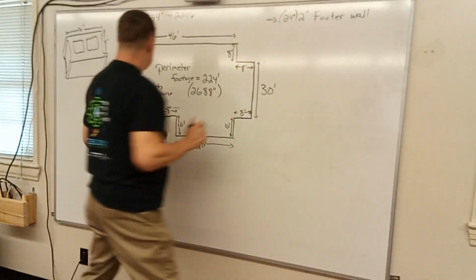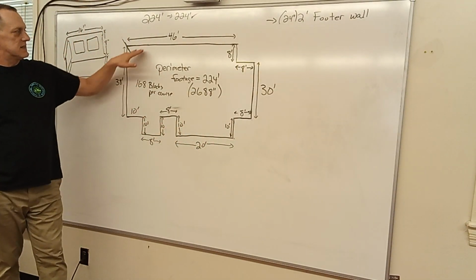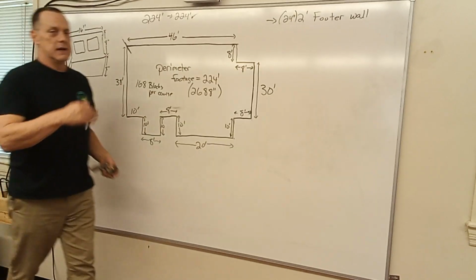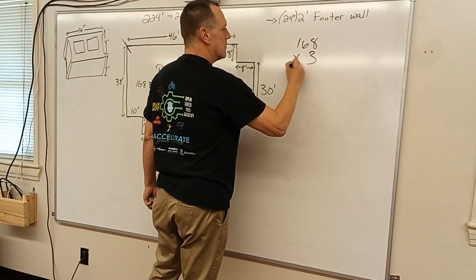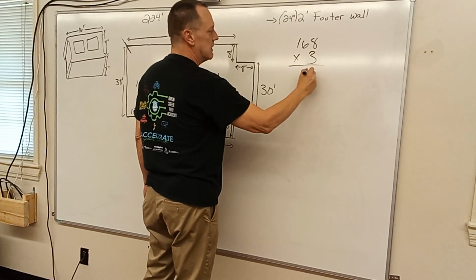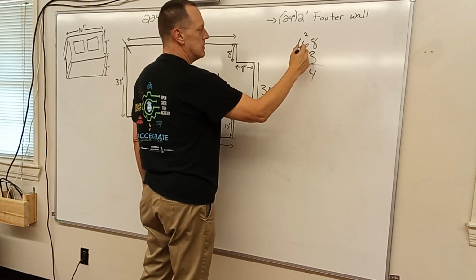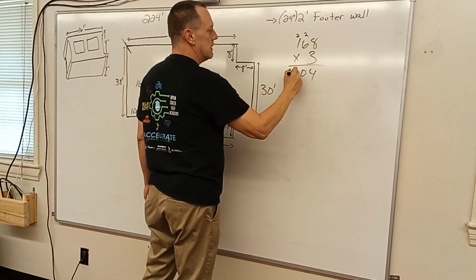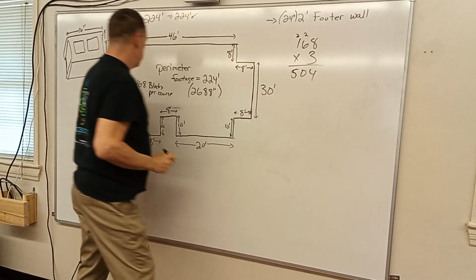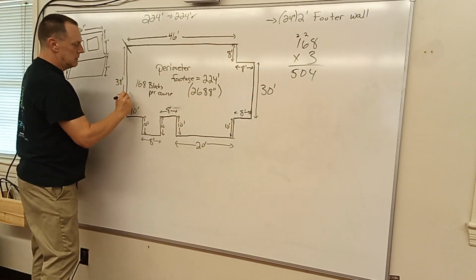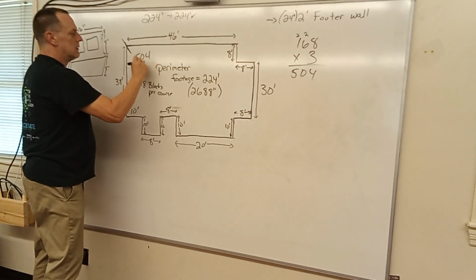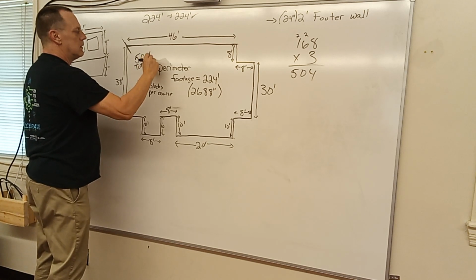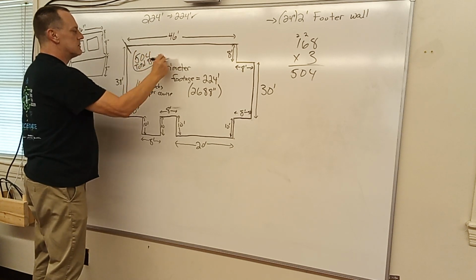So we would take the 168 that it takes to do one course, and then we'll multiply that times 3. Okay, and then 3 times 8 is 24, 3 times 6 is 18, and 3 times 1 is 3, 504. So we now know that total blocks.